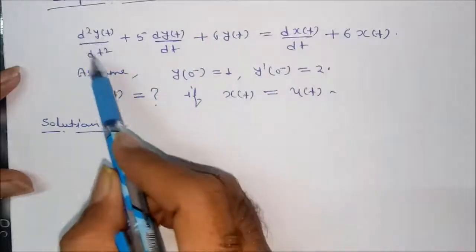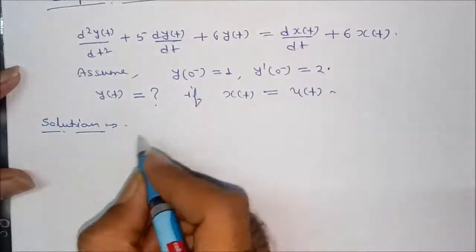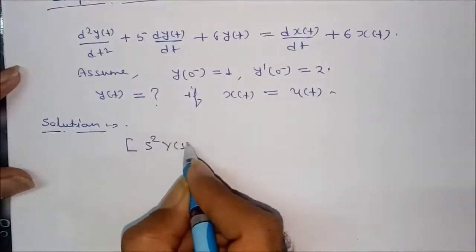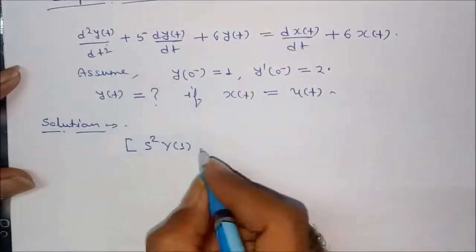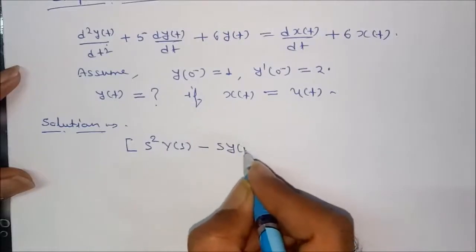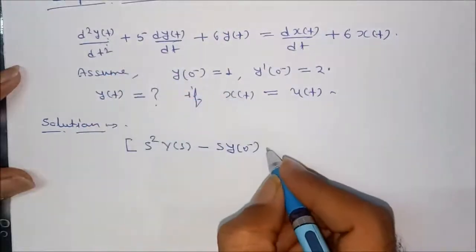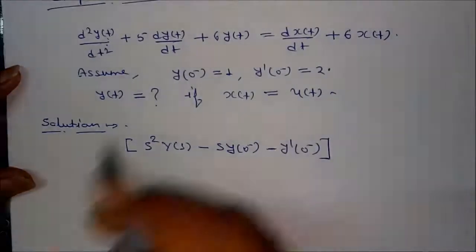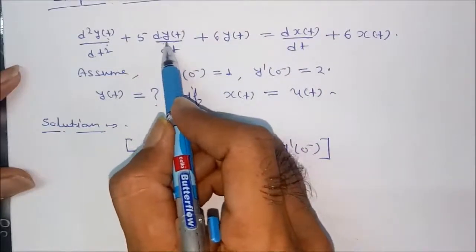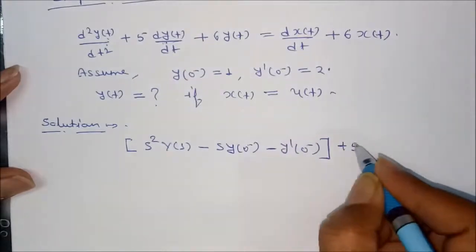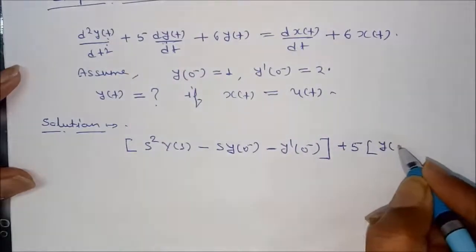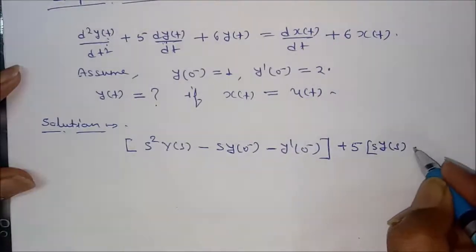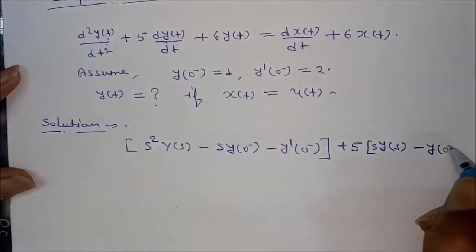What do I get? d square by dt square means s square, so the Laplace transform gives s square Y(s) minus s y(0-) minus y dash of 0-. Similarly, this term will be plus 5 s of Y(s) minus y(0-).